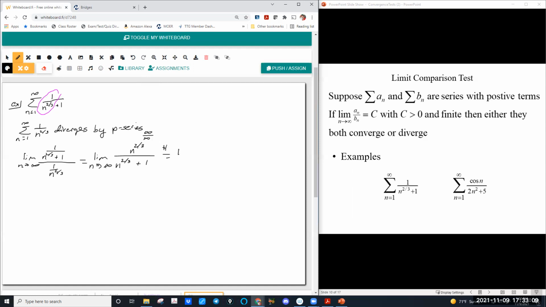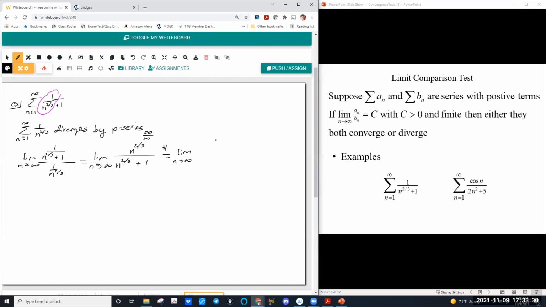What L'Hopital's says is if we have an indeterminate form, infinity over infinity or 0 over 0, we can take the derivative of the numerator and denominator separately and then recalculate the limit. This is not going to be some nasty quotient rule.